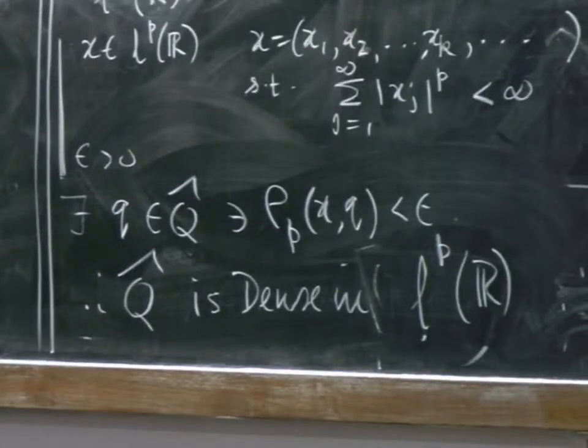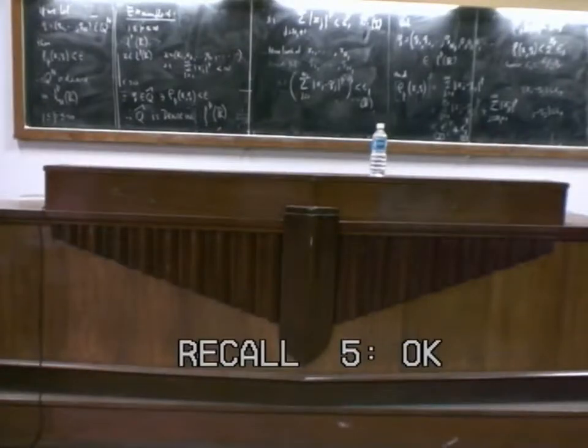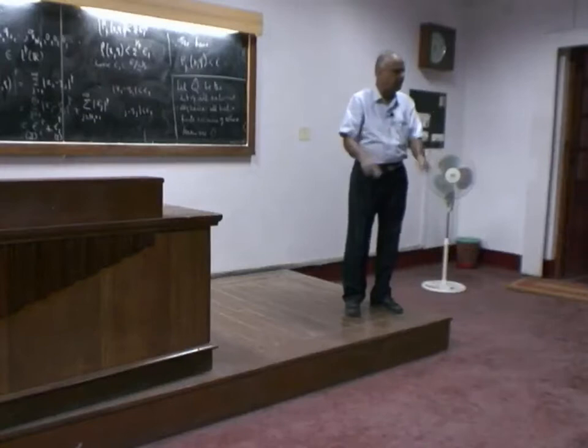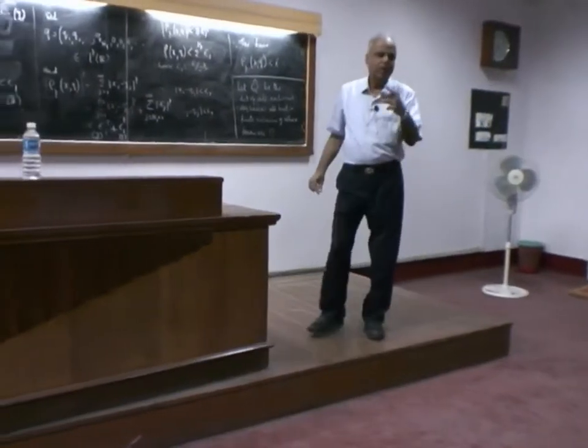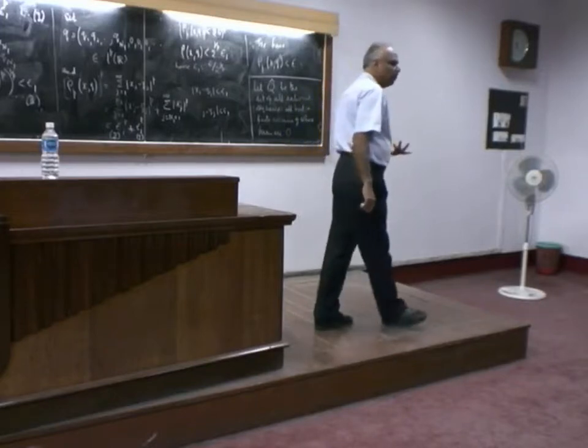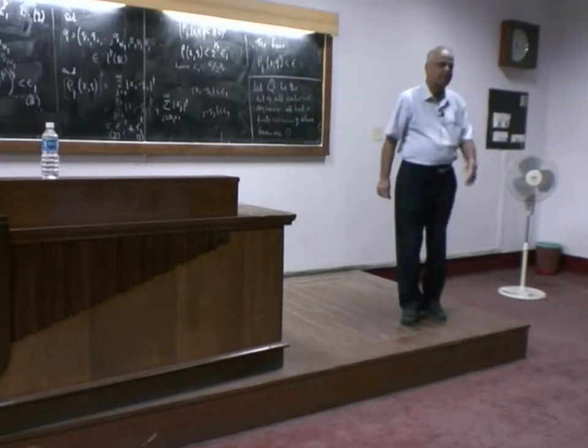Q hat is also countably infinite. Why is q hat countably infinite? First take all those which have only one component non-zero. That is essentially Q, countably infinite. Then two components, that is essentially Q squared, again countably infinite. Q cubed is again countably infinite. So it is the union of all Q to the power n's, and each Q to the power n is countably infinite, and therefore it is countably infinite.